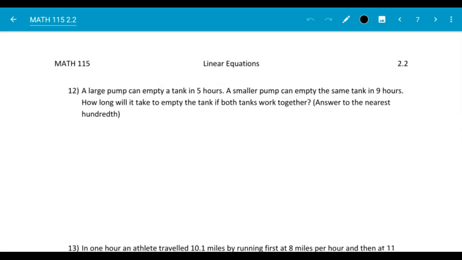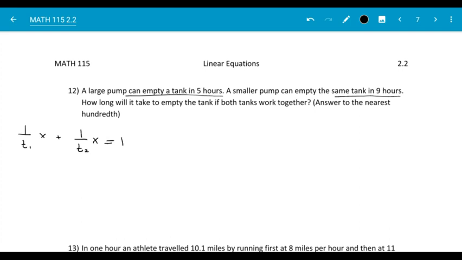A large pump can empty a tank in 5 hours. A smaller pump can empty the same tank in 9 hours. How long will it take the pumps if they work together? We typically go with an equation that looks like this: 1 over T1 times x plus 1 over T2 times x equals 1. What are we talking about there?